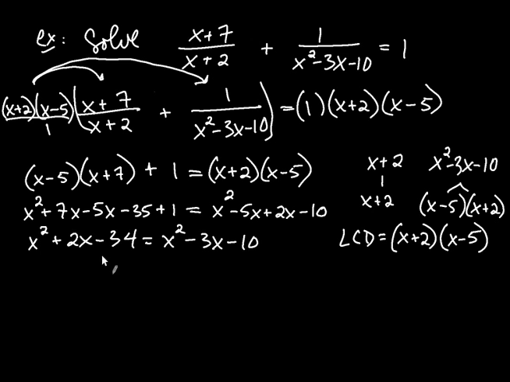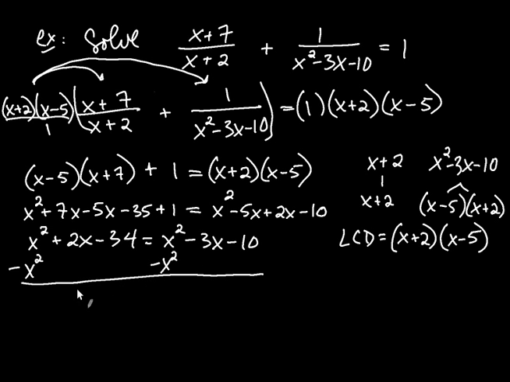And now I'm going to subtract x squared from both sides. Let me rewrite that so you can see it. I'm subtracting x squared from both sides here. And let's see, what am I left with now?